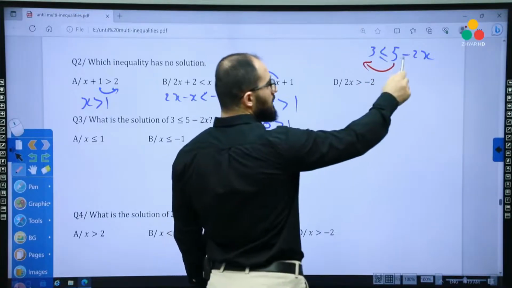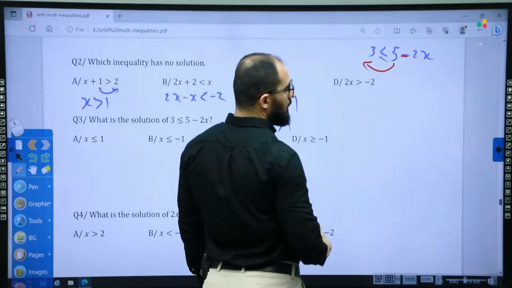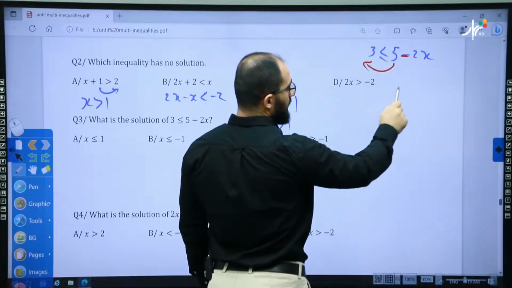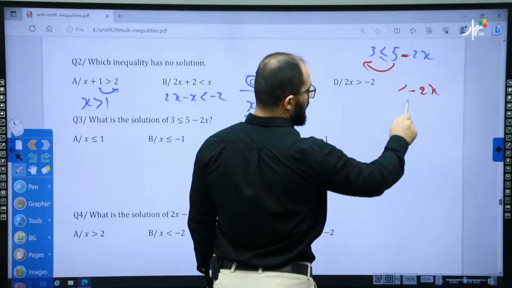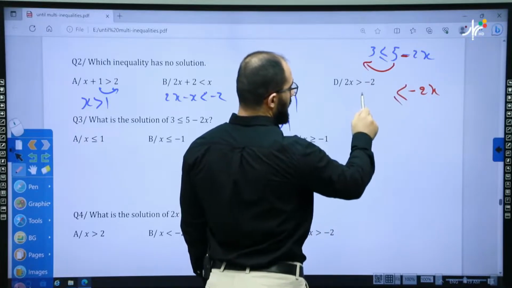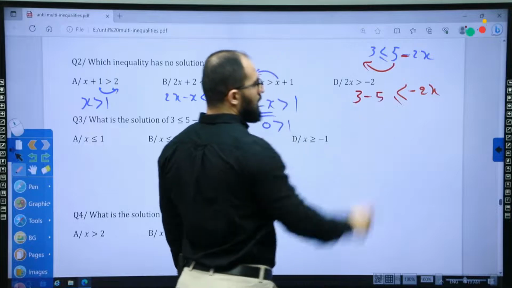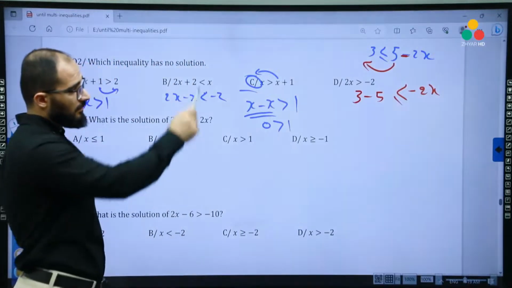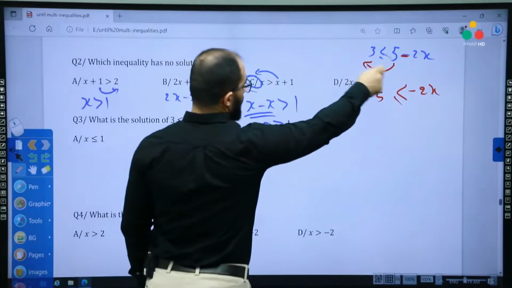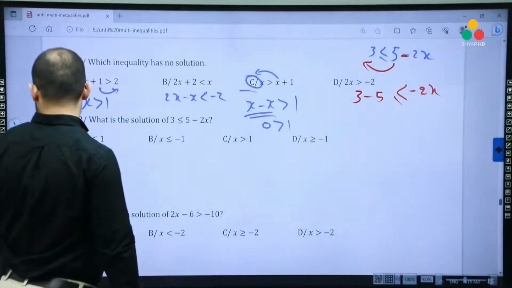Again, be careful, this negative sign is for 2x. The 5 is positive. It's going to be negative 2x stays here, and it's going to be 3 minus 5. 3 minus 5, it's not 5 minus 3. 3 stays here. We move 5 to beside them.